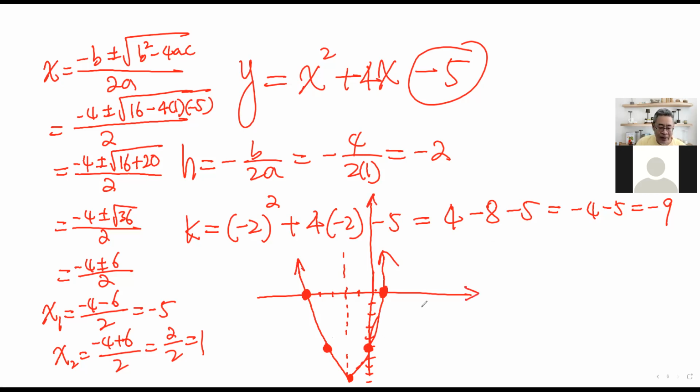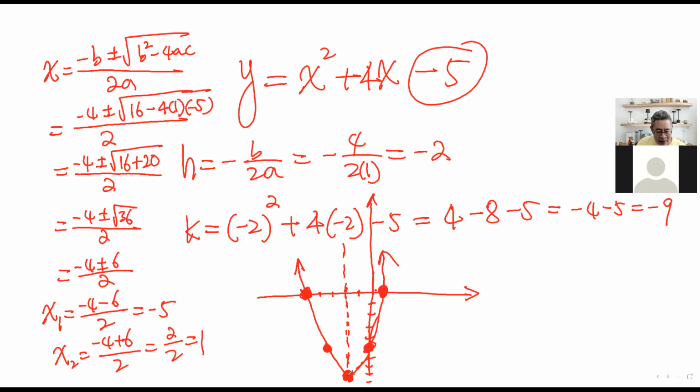Right, very good. So right now, not only can we calculate the vertex point, and we know how to do the y-intercept, that's easy, just set x to 0. We also know how to find the x-intercepts, those 2 points, which are symmetrical around this axis of symmetry.